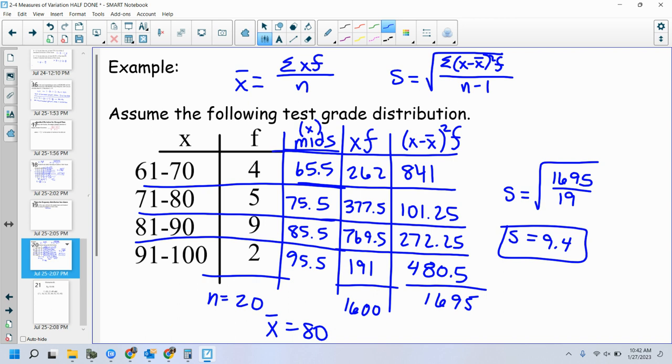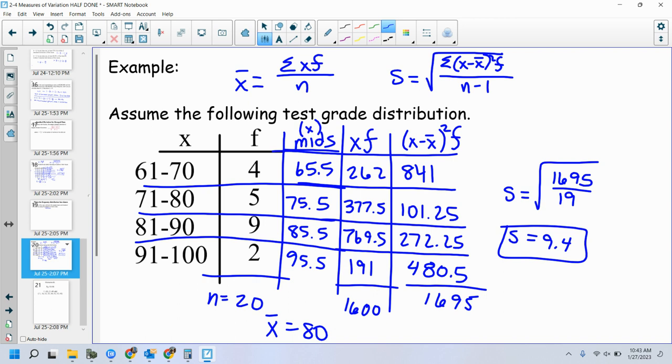So Chebyshev's theorem says at least 75% of my data falls between 61 and 99. What do we know logically? Well, maybe these 2 got 100, right? But we could say probably a lot more than that.